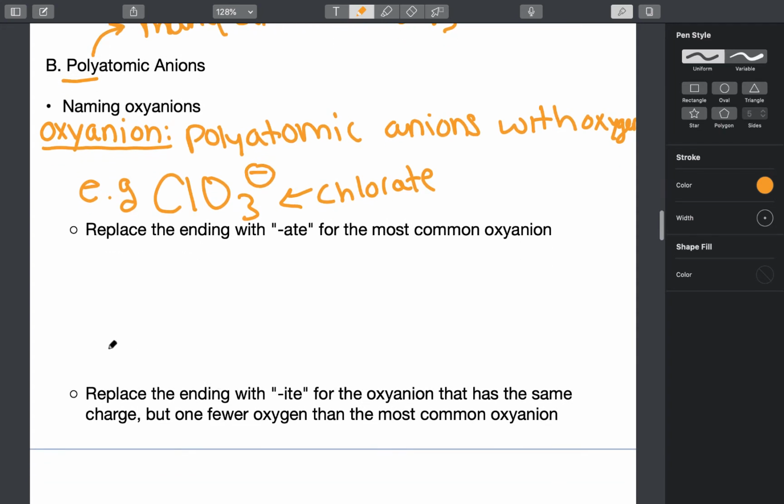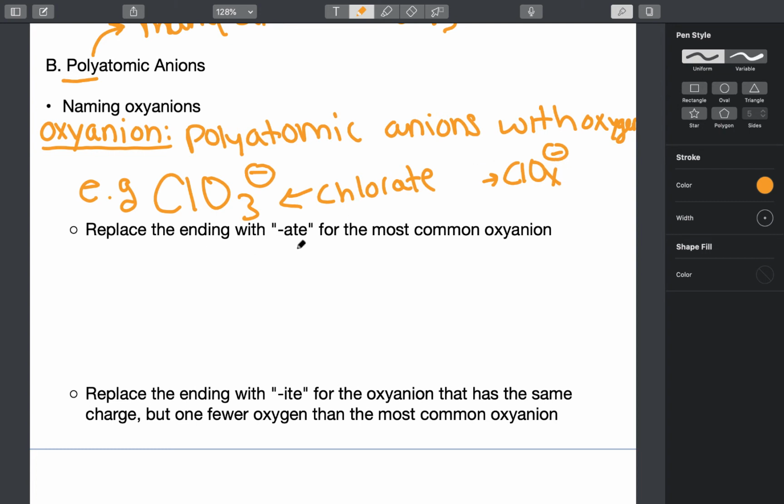The first rule for naming oxyanions is to replace the ending with "ate" for the most common oxyanion. So the most common oxyanion with this charge, in this general formula, ClOx, so we'll just write ClOx. It will have differing amounts of oxygen, but the same negative charge.